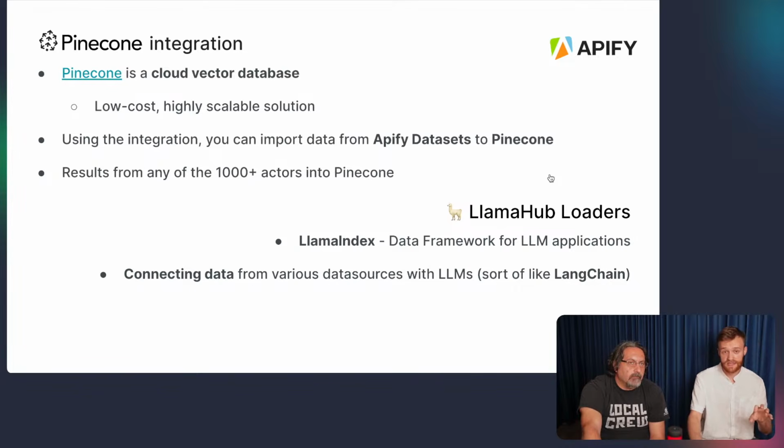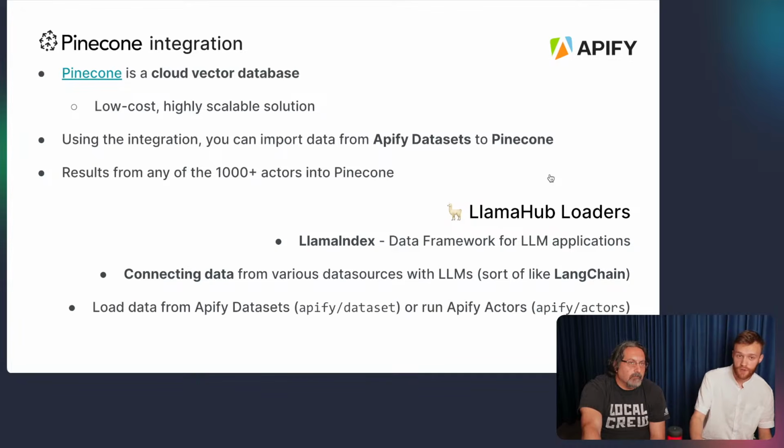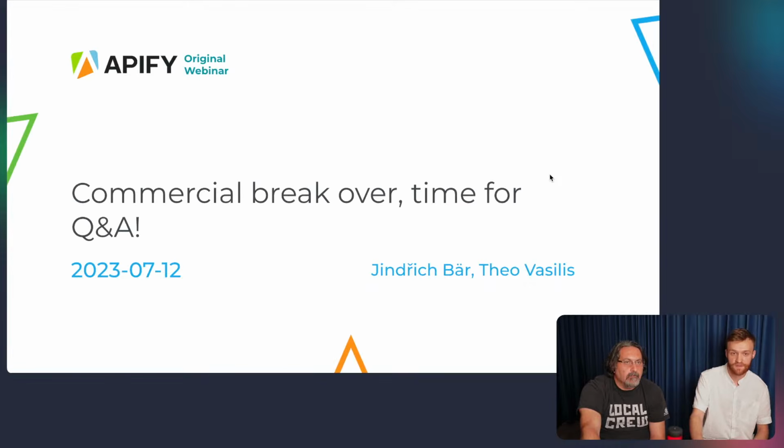And LlamaHub is, let's say, a repository for those data loaders. And we have two loaders there, Apify dataset, which allows you to consume datasets from the Apify platform and feed them to your large language models, or you can run Apify actors and again feed the results of the runs to your large language models.